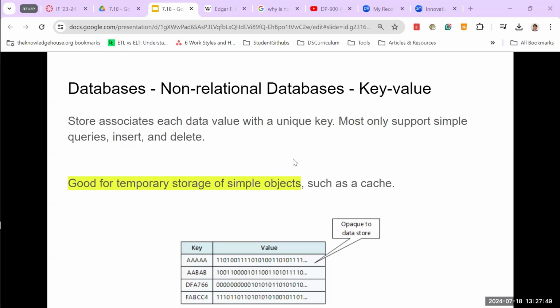The secret is in the name. The key is a unique identifier that we can use to identify some value, and a value could just be a simple object. For example, here we just have some binary data. This is good for temporary storage of simple objects, such as a web cache.